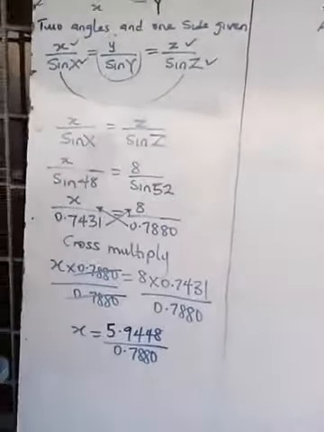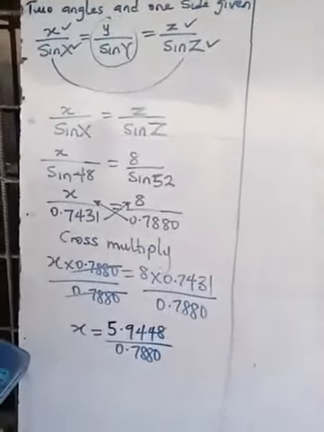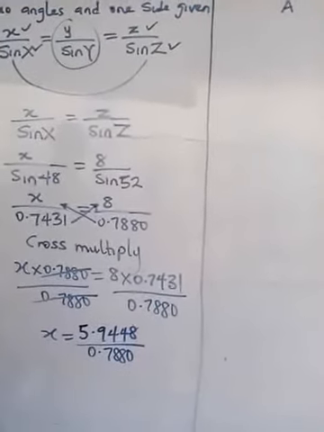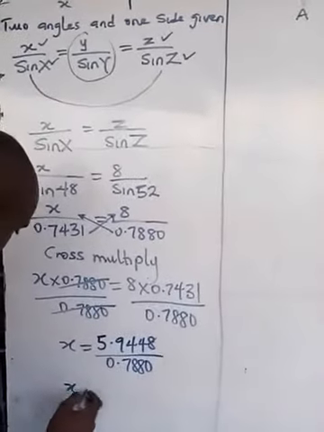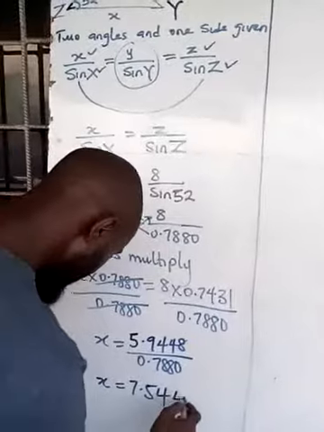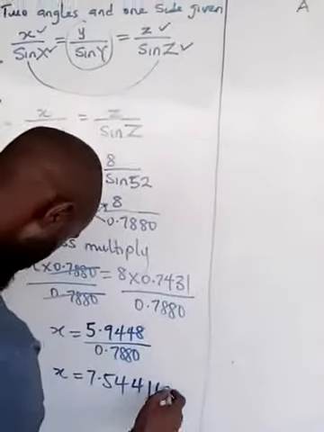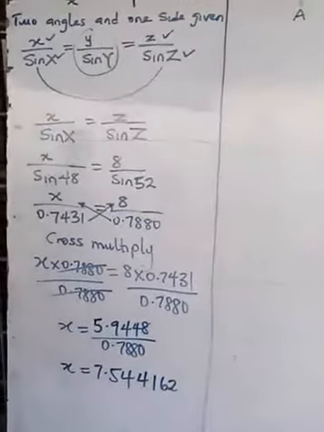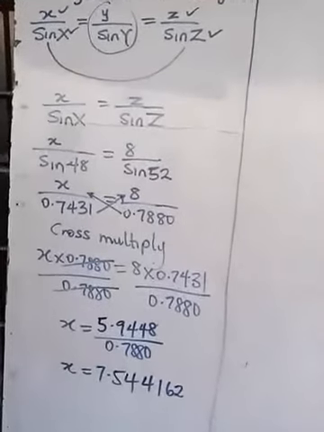So if we divide this by 0.7880, x is equals to 7.544162. Now, how do we know where to stop?